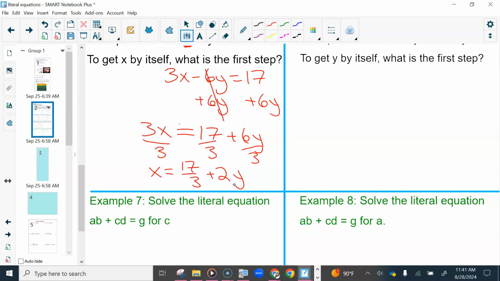That is it. That is our final answer. So we got x by itself. That was our whole goal. If I had a number for y, I could solve this a little bit more and actually figure out what x's value is, but I don't know that information.